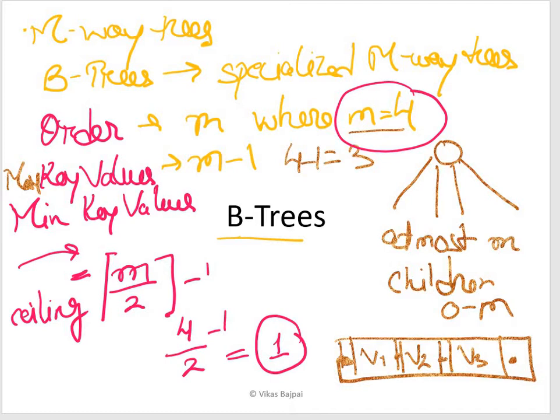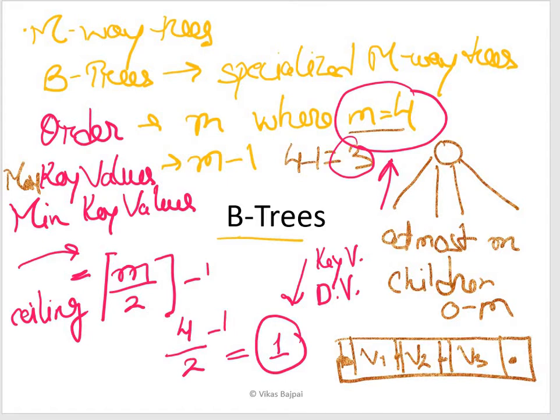So if there is a tree with order 4, it will have a max of 3 and a min of 1. Right now I'm talking about key values, or your data values. So this is about your B trees.